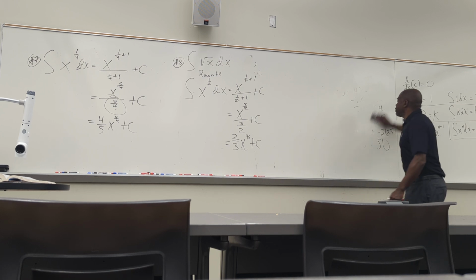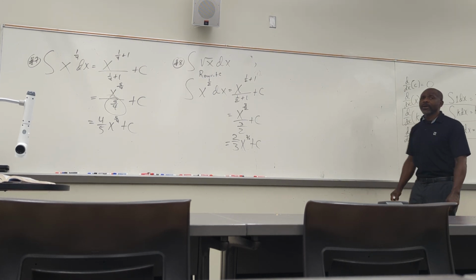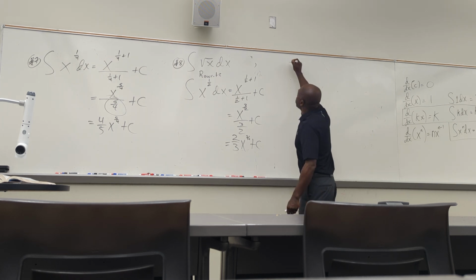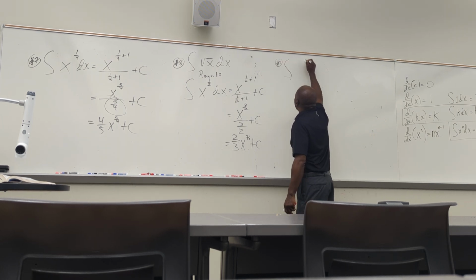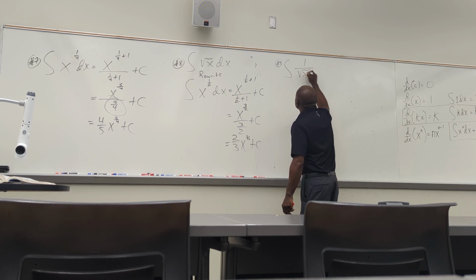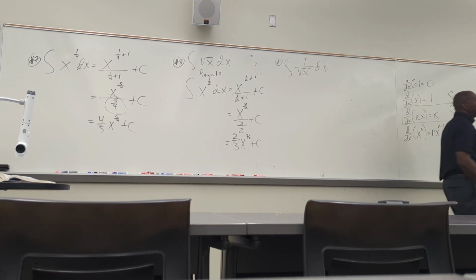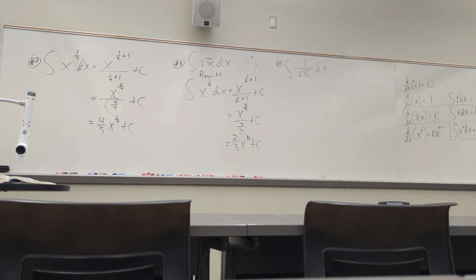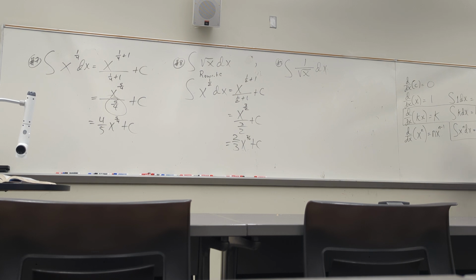Now this is the same thing as taking the derivative. If it's not in the form x to the n, you've got to rewrite it and get it in that form. So let's suppose now I had number 9, and it says 1 all over the square root of x. I need x in the top. How do I get x in the top?